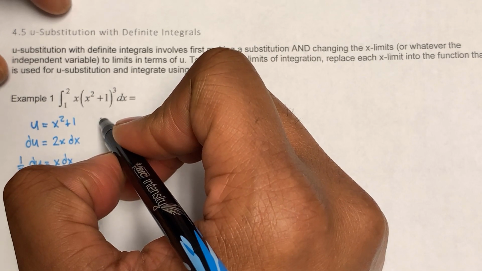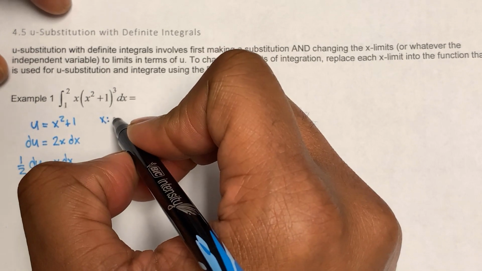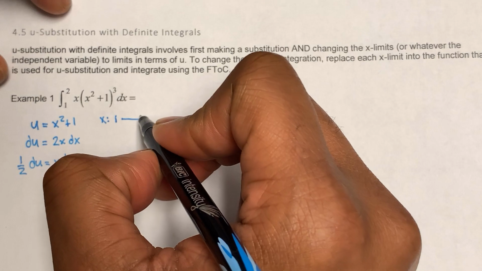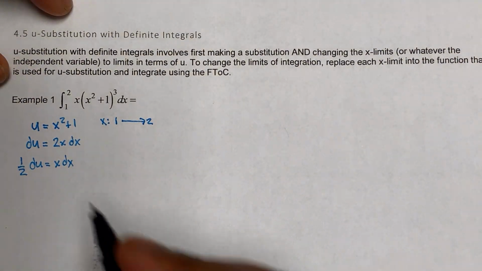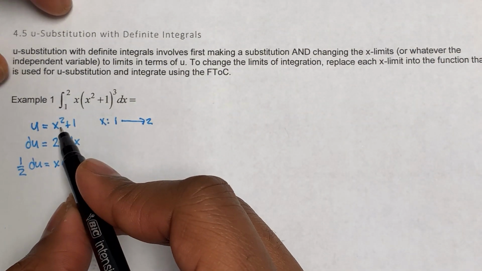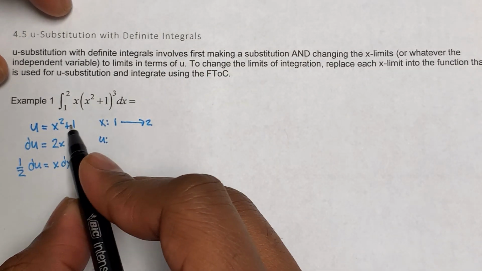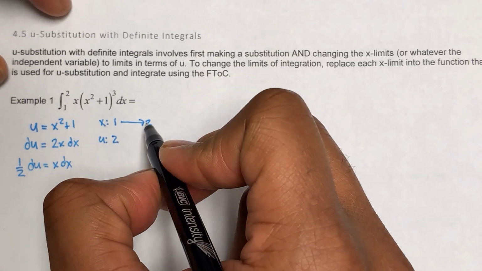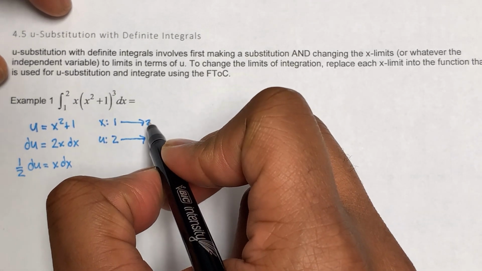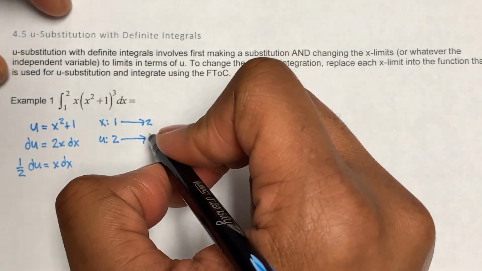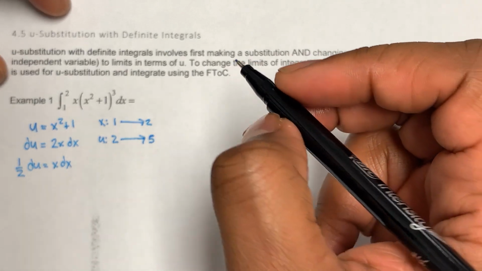So x goes from 1 to 2. If I substitute 1 into this, my u limits would be from 1 squared plus 1, which is 2, and 2 squared plus 1, which is 5.